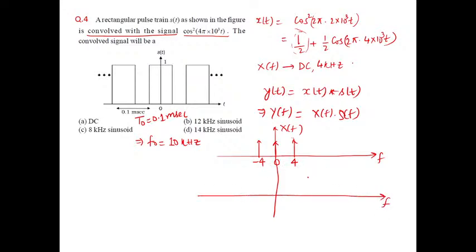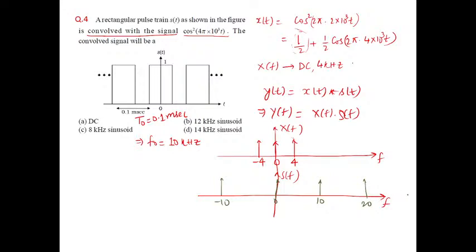Now what can you say about S(f)? This is a rectangular pulse train with a time period of, we don't know anything about the duty cycle. So one thing is for sure, that the frequency components present in the signal will be one DC component, the other component at 10 kilohertz, the third component at 20 kilohertz, then 30, then 40, then 50.